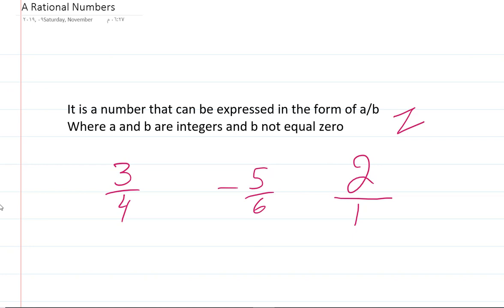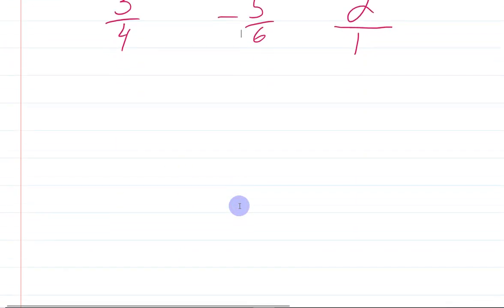So now, what is the relation between these two sets? I can say an integer is a subset of a rational number. This is the sign we use for a rational number. So now, if I wanted to find the relation between the natural numbers, integers, and rational numbers as sets, what is the relation between all of them?